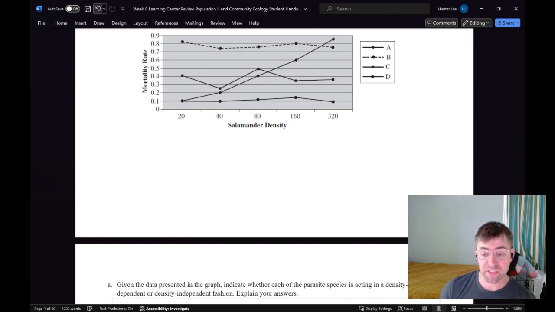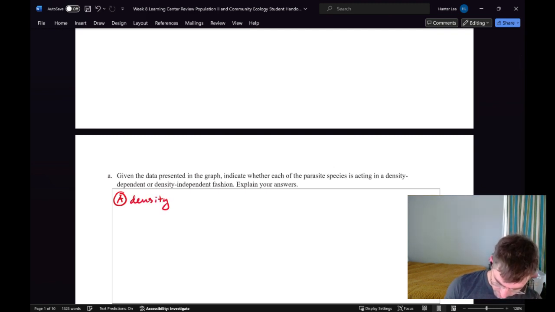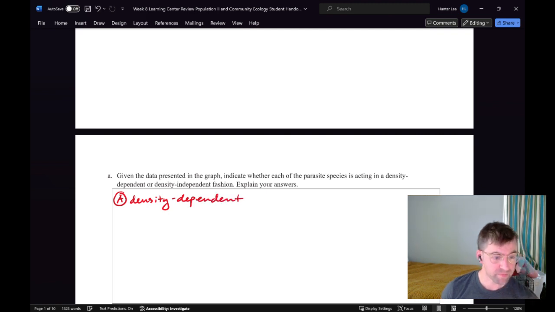It does look like this one is acting in a density dependent fashion. So parasite A is density dependent, because mortality due to parasite A gets progressively higher at each higher salamander density.